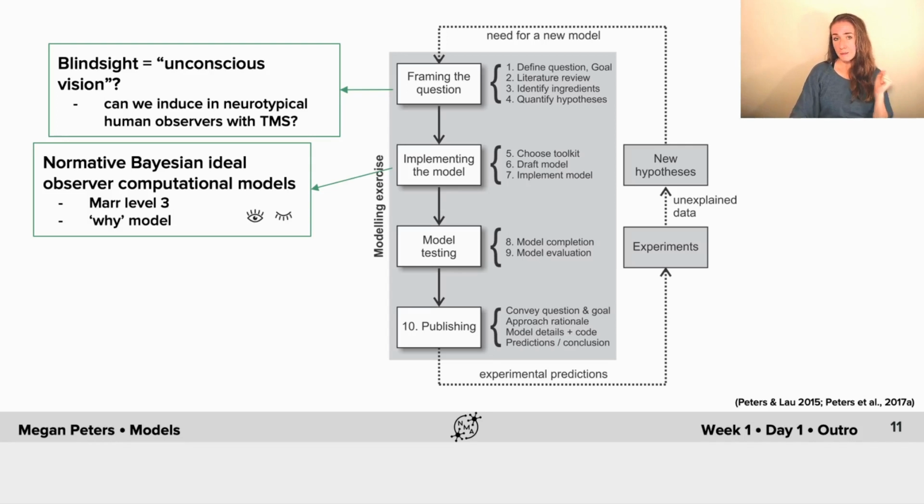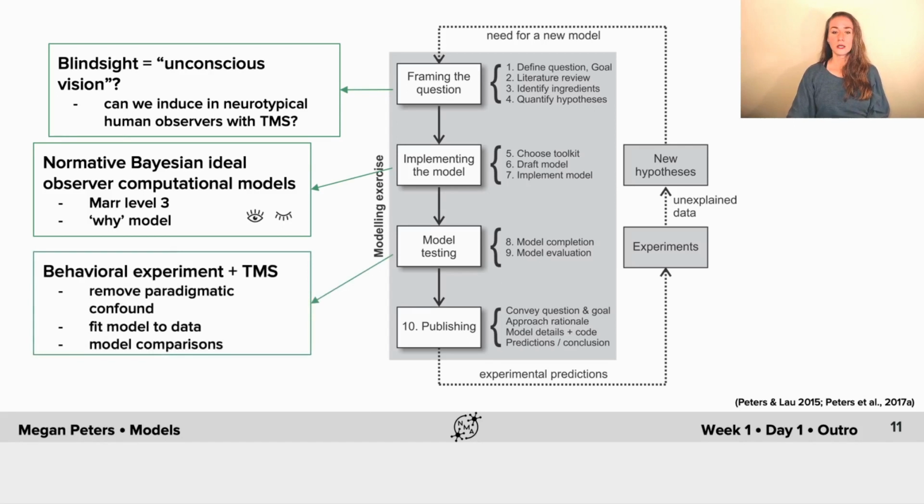So we had to learn how to zap people in the right spot in order to induce these types of effects. Then we had to do the behavioral experiment. And then we had to fit the model to the data that we got. And then we had to evaluate the 2 models against the behavioral data to see which one was going to win, which one was going to fit the data the best.